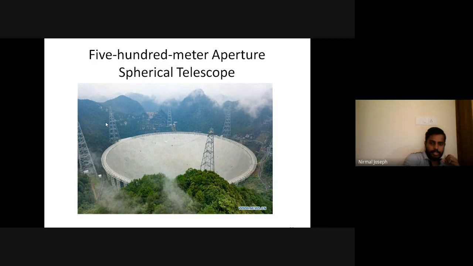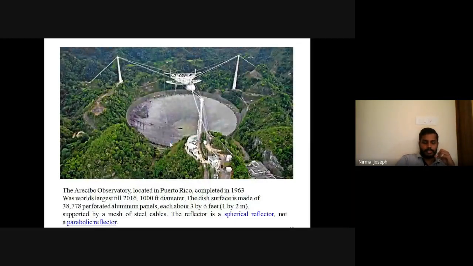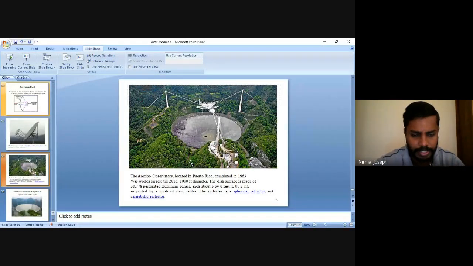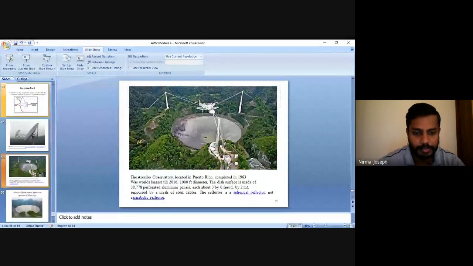Some 1, 2, 3, 4, 5 towers are there, supporting the feed system here. So these are the things which are practically implemented. This China's FAST telescope, the reflector antenna, discovered the presence of hydrogen outside of the Milky Way.